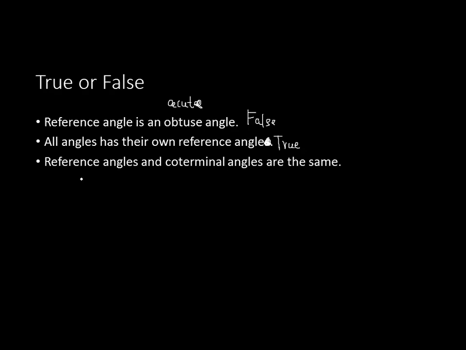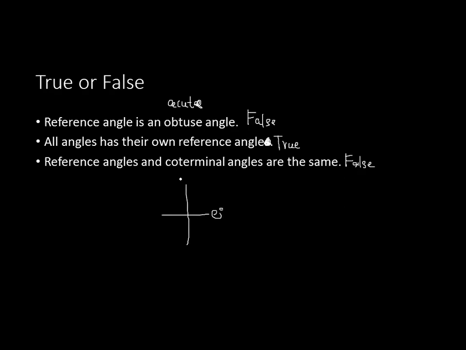Reference angles and coterminal angles are the same. The answer here is false. They are not the same. Coterminal angles, if you remember our previous discussion, are angles that have the same location. For example, 90 degrees and negative 270 degrees.